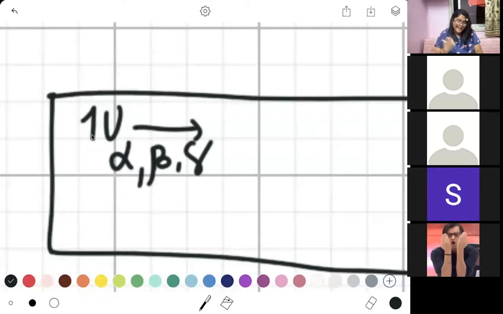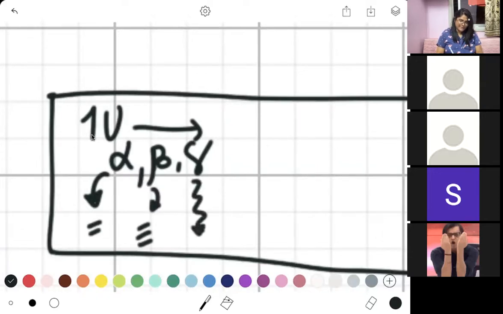When it is doing that, alpha will decrease the mass of my substance by a certain quantity. Beta will decrease the mass of the substance by a certain quantity. Gamma will also decrease the mass by some quantity, not very significant, but it will decrease the mass I have.